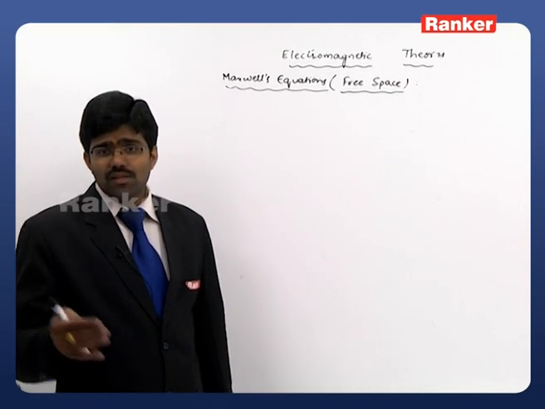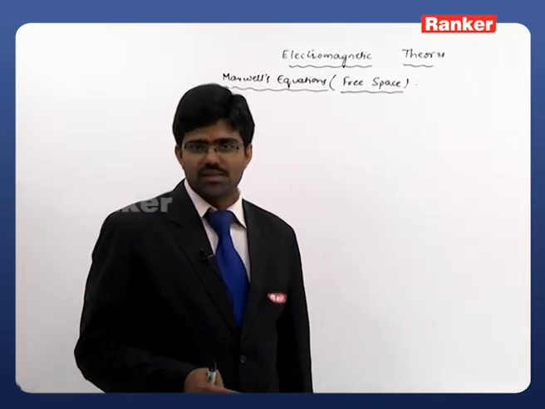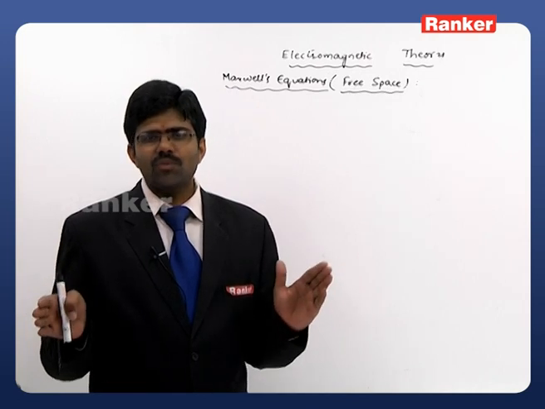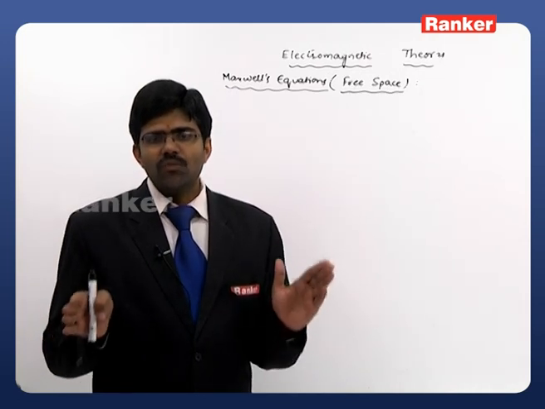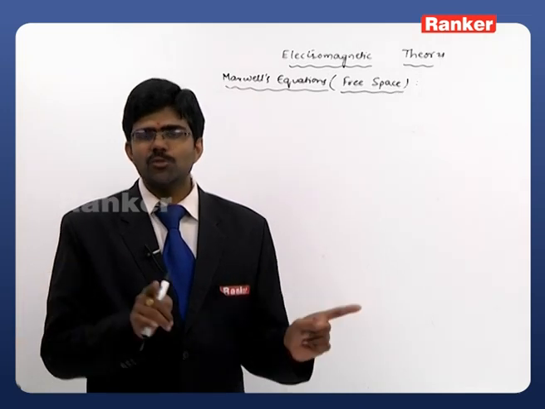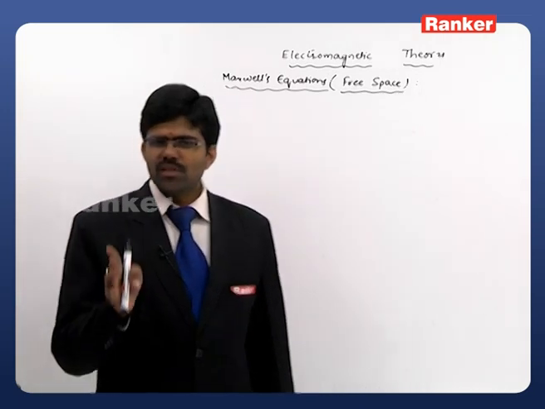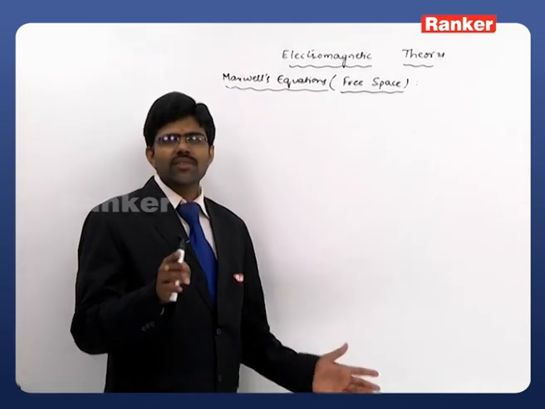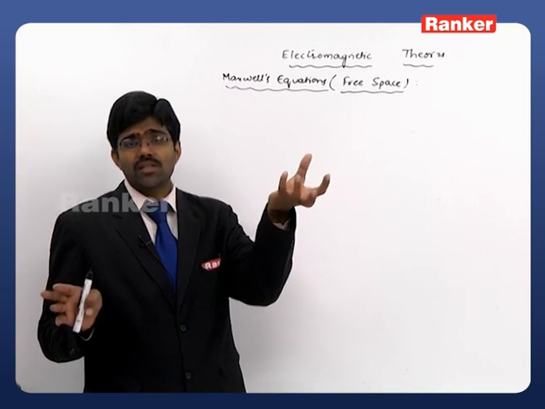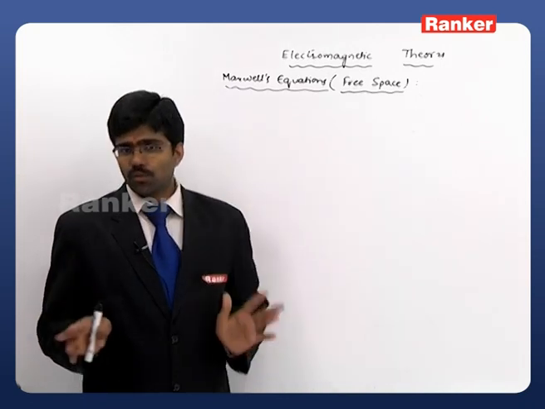So before that, let us discuss what free space is and what the conditions for free space are. Clearly remember that free space has no charges, so the charge density in free space is equal to 0. Whether it may be line, surface or volume charge density, free space has volume charge density of 0 value.